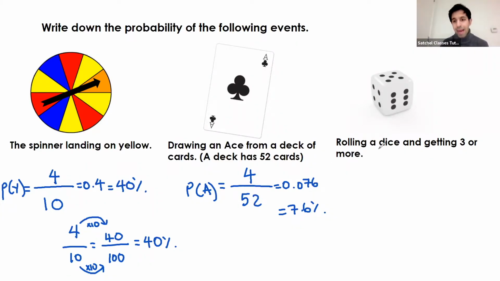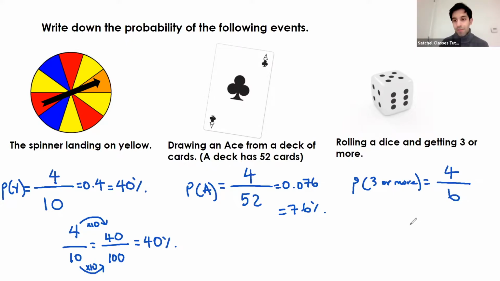And then over here we have rolling a dice and getting a 3 or more. On a dice, there are 6 possible options, so the probability of 3 or more: there are 6 possible outcomes, and we want 3 or more. That's going to include 3, 4, 5, and 6.